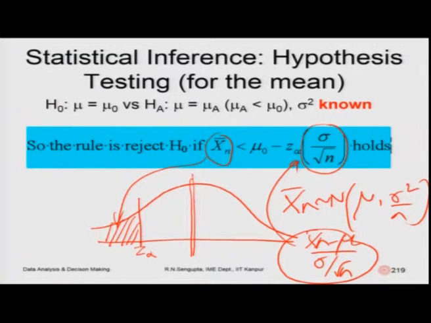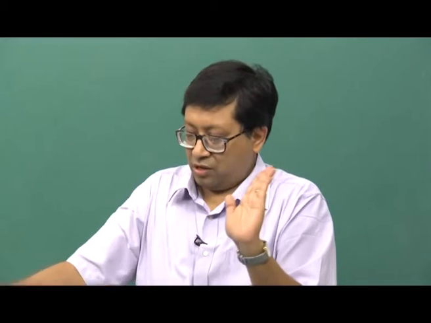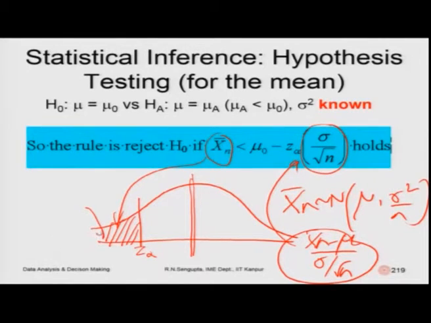The level of confidence is 1 minus alpha. If this whole area is alpha, then the area to the right would be 1 minus alpha. So of the whole area under the distribution, one part on the left is alpha and the right hand side is 1 minus alpha.